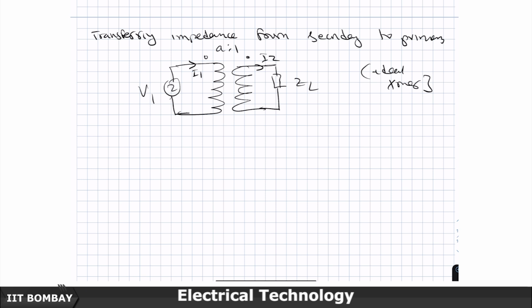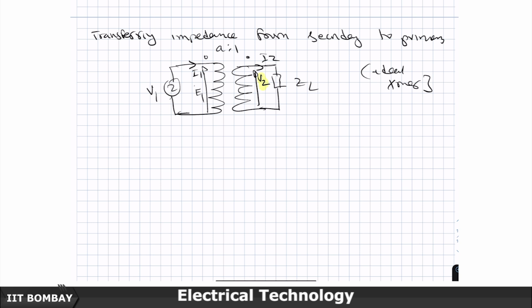Okay. So, we know that this is V2, this is E1 or V1, because it is an ideal transformer. Let me call this E1 only. E1 and V1 are the same.